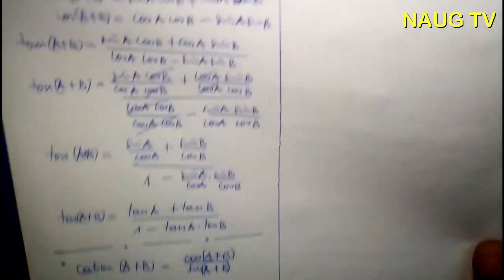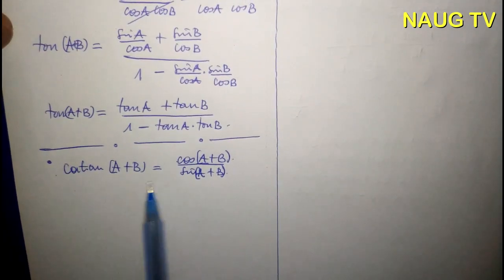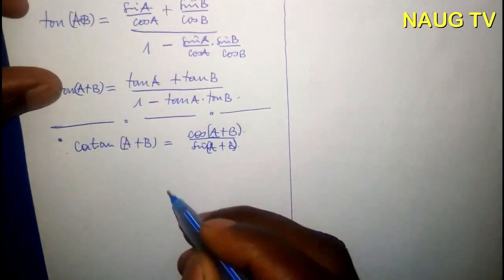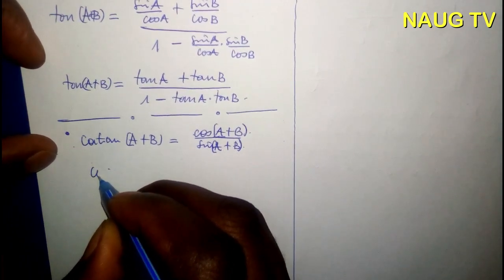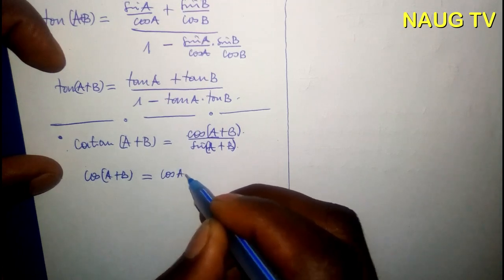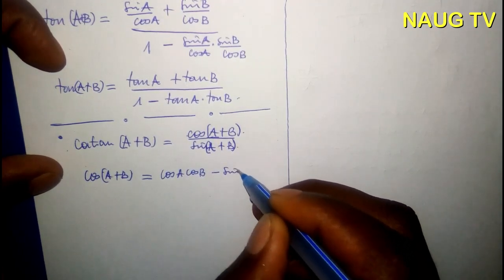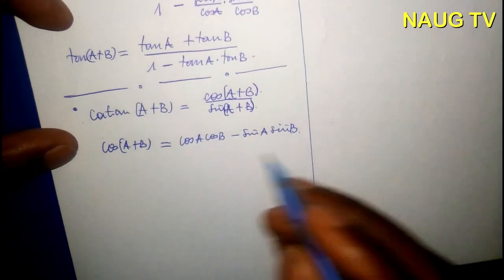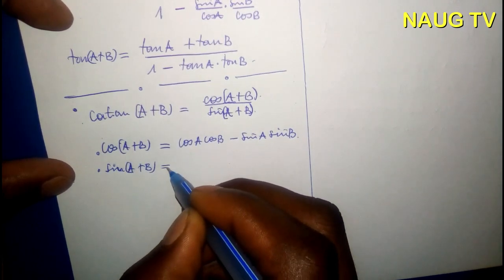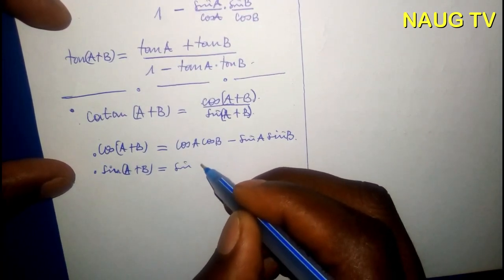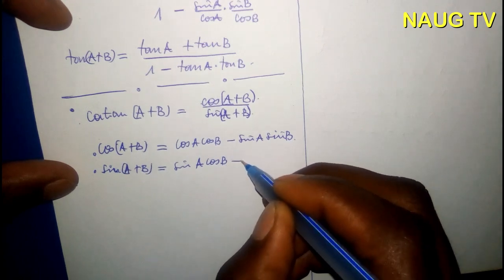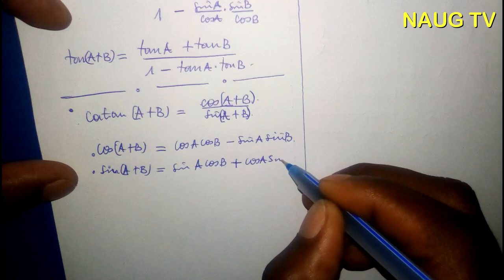So cotangent would also be given by cosine of A plus B over sine of A plus B. We have seen that cosine of A plus B is equal to cosine A times cosine B minus sine A times sine B, and also sine of A plus B is equal to sine A times cosine B plus cosine A times sine B, right?